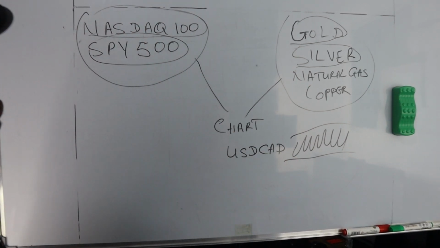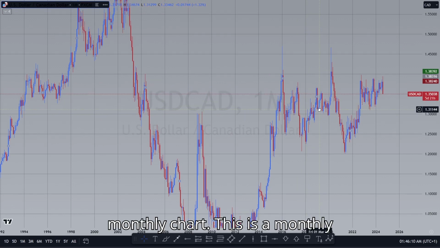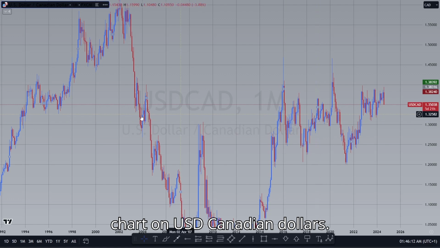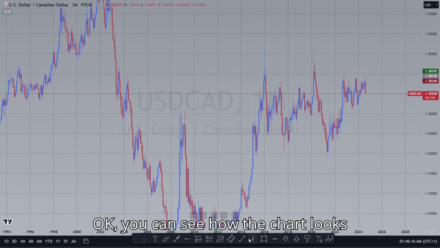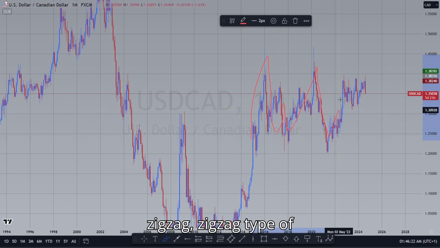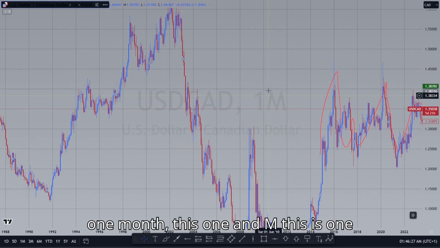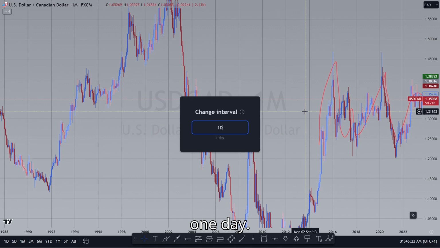All right, guys, this is a monthly chart on USD/CAD. You can see how the chart looks, kind of a zigzag type of movement. This is one month, and this is one day.